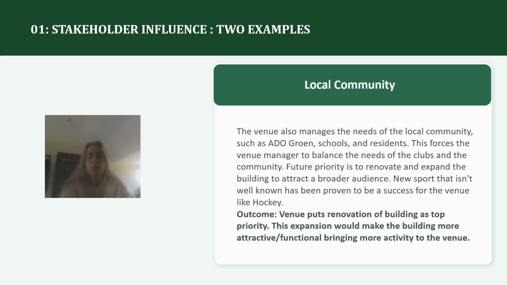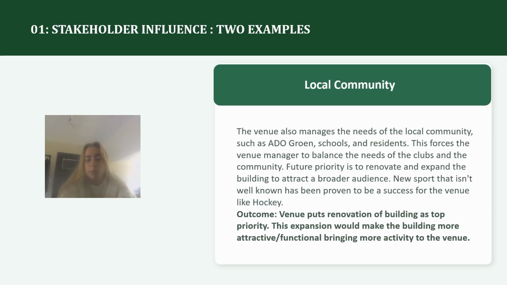An example of how the interests of multiple stakeholders shape the venue's management priorities is that the venue also manages the needs of the local communities, such as ADO Groen, schools and residents, and this forces the venue manager to balance the needs of the clubs and the community. Future priority is to renovate and expand the building, mainly to attract a broader audience and to attract new sports.